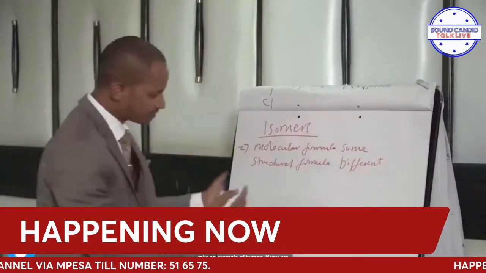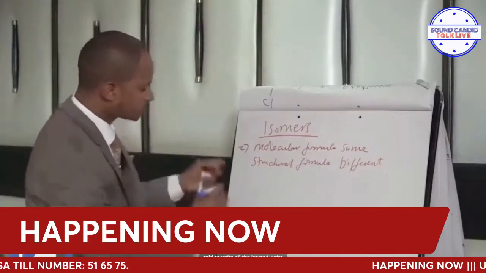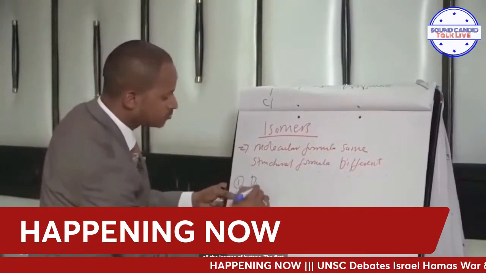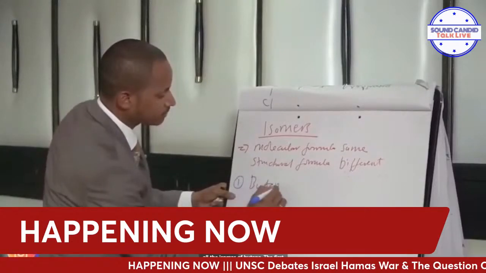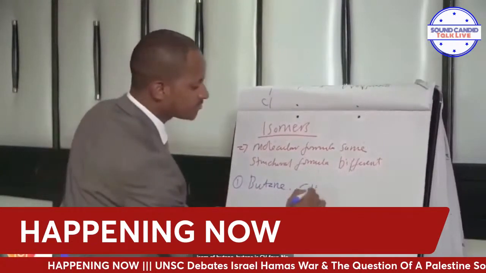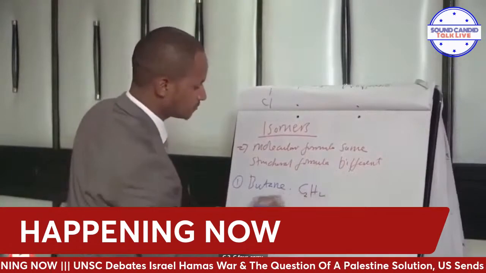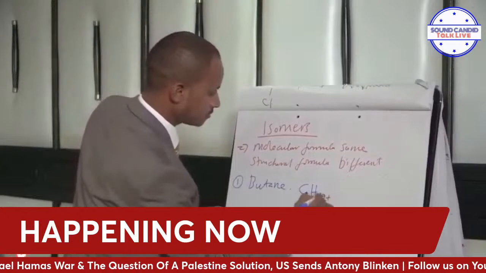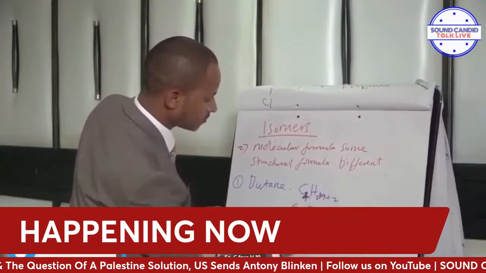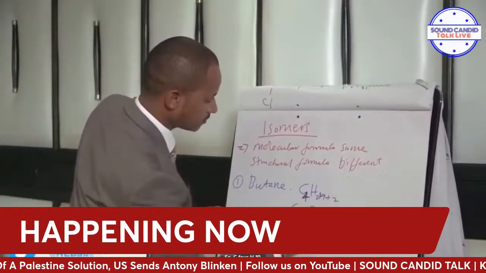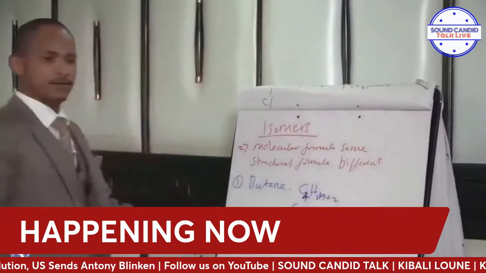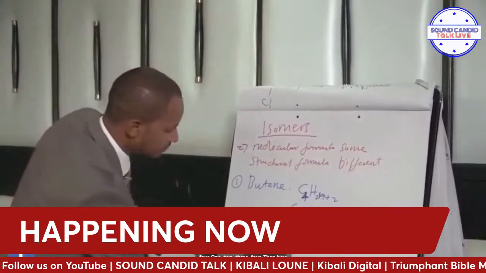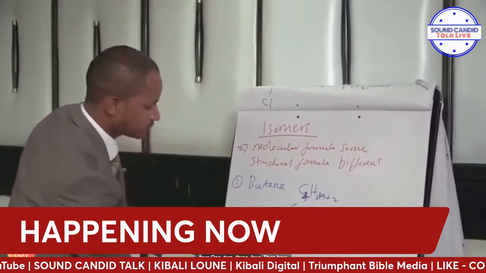So if we take an example of butane, if you are told to write all the isomers of butane, the first isomer of butane is C4H10. So the first isomer is C4: 1, 2, 3, 4.